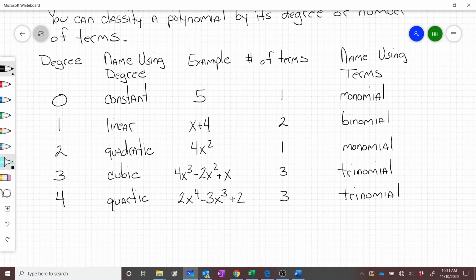A degree of 5. If you were naming a polynomial with a degree of 5, you would name it quintic. And that could be something like x to the fifth plus 3x to the fourth plus 2x squared minus 1.